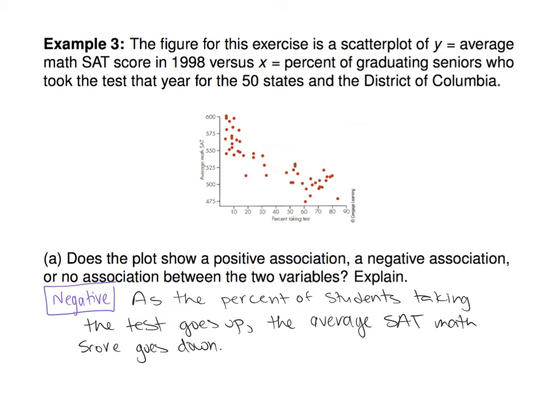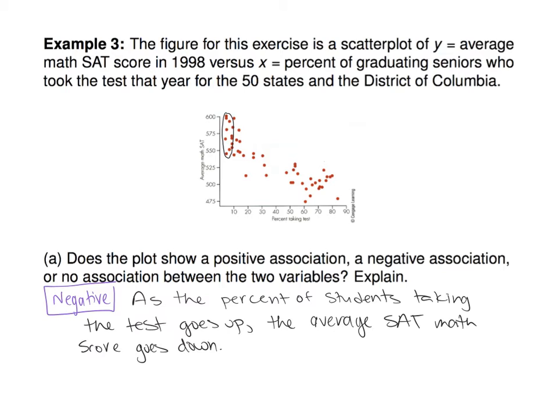And that might seem strange until you realize that there is more than one standardized test that one uses to get into a college. So for example, where I'm from, we actually use the ACT, not the SAT. And in that case, the people who took the SAT where I was from were people that were only applying to selective schools that did not use the ACT but used the SAT scores.